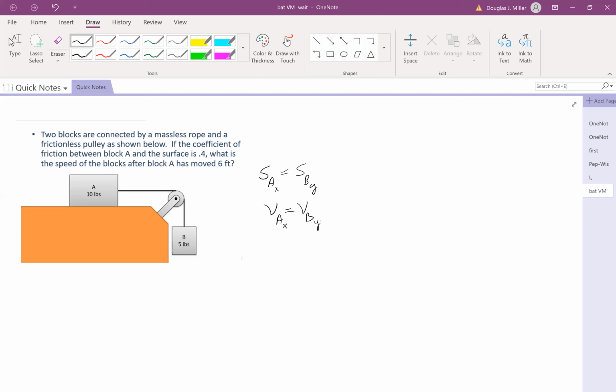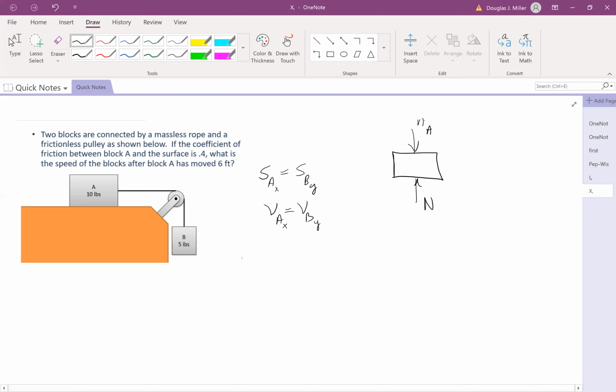So first things first, we want to draw a free body diagram quickly of A. We've got a normal force acting upward. We have the weight of A acting downward. And I'm going to remove the W for weight.